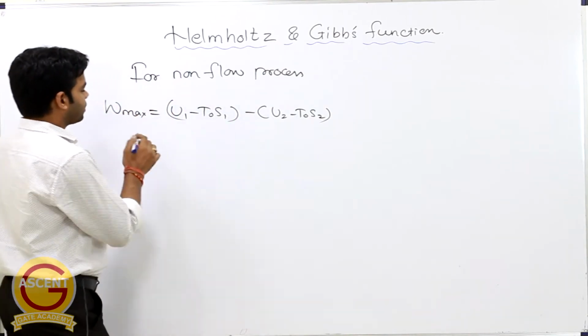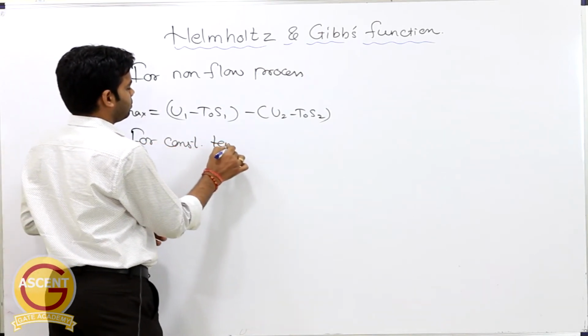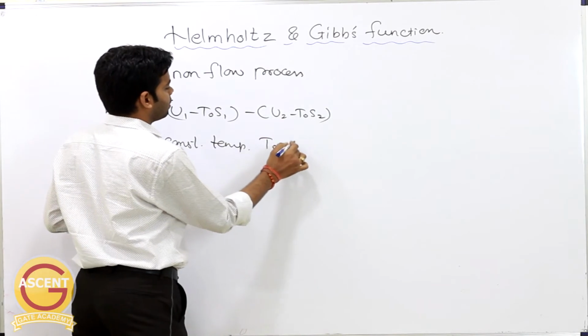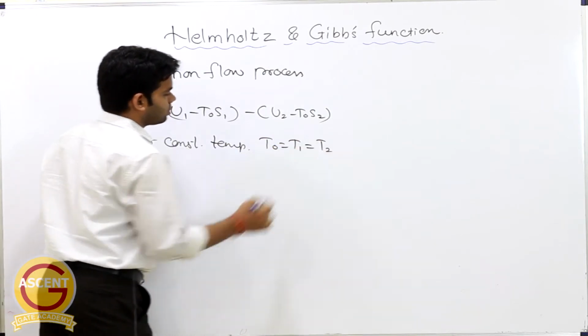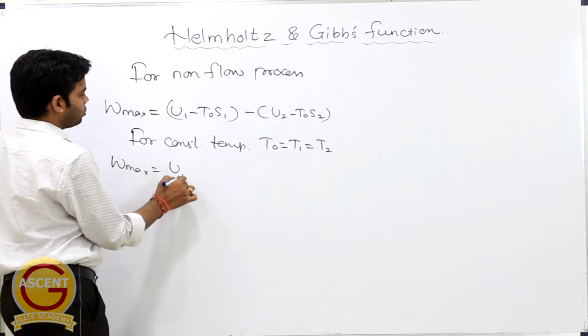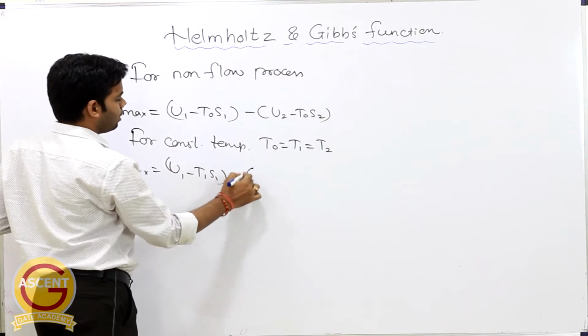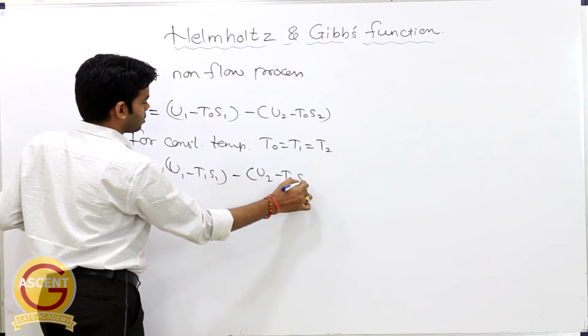Now for a constant temperature process, this T naught will be equal to T1, which is also equal to T2. Getting this? Okay, so this W max will be equal to U1 minus T1 S1, I can replace this T naught either by T1 or T2, minus U2 minus T2 S2.